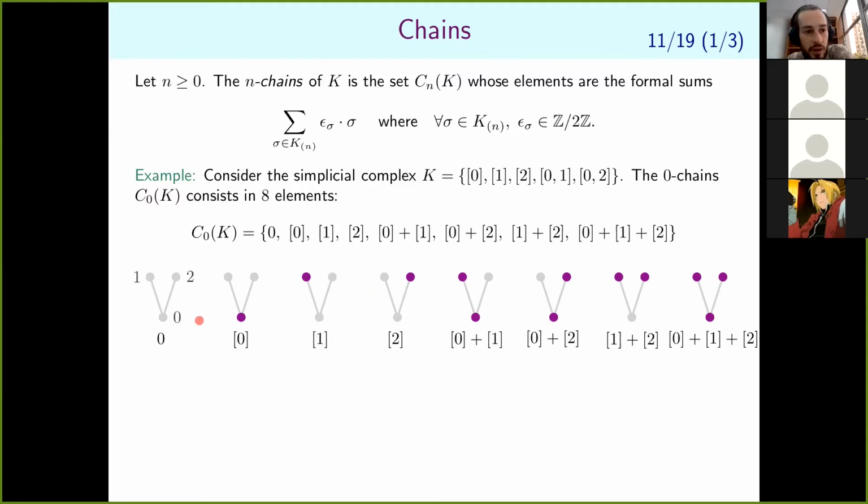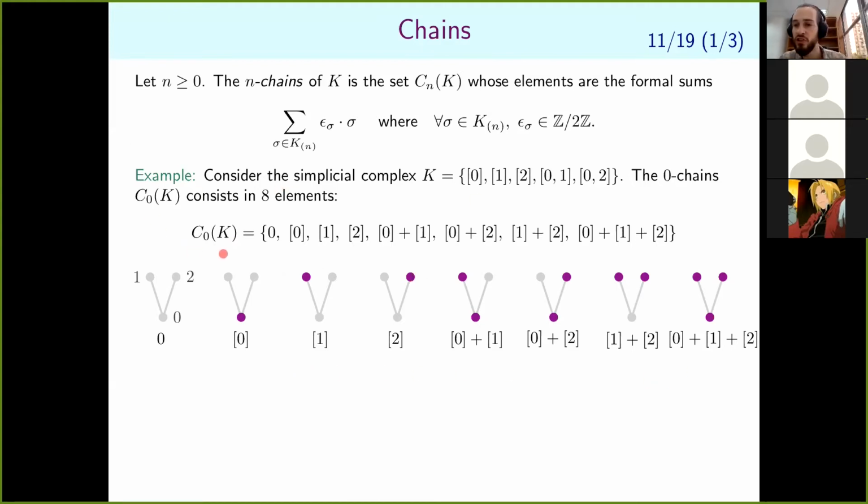For instance, the chain 0, when you take all the coefficients equal to 0. You have the chain that consists only of the vertex 0, only of the vertex 1, only of the vertex 2, and you can also take sums of these vertices. So you have the chain 0 plus 1, 0 plus 2, 1 plus 2, and you also have the chain that contains all the vertices, 0 plus 1 plus 2.